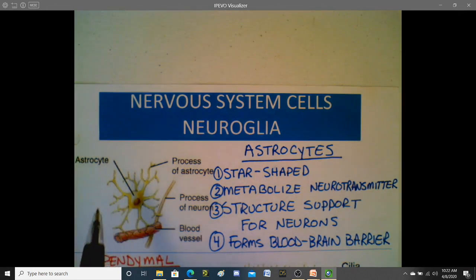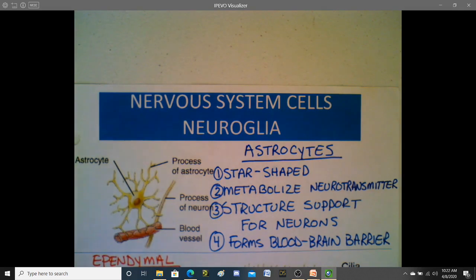They kind of look like the dendrite portion of our neuron. But they're star-shaped, and their primary job is to be a structural support. So they're going to grab on and they're going to hold neurons in place. They're also going to metabolize neurotransmitters.